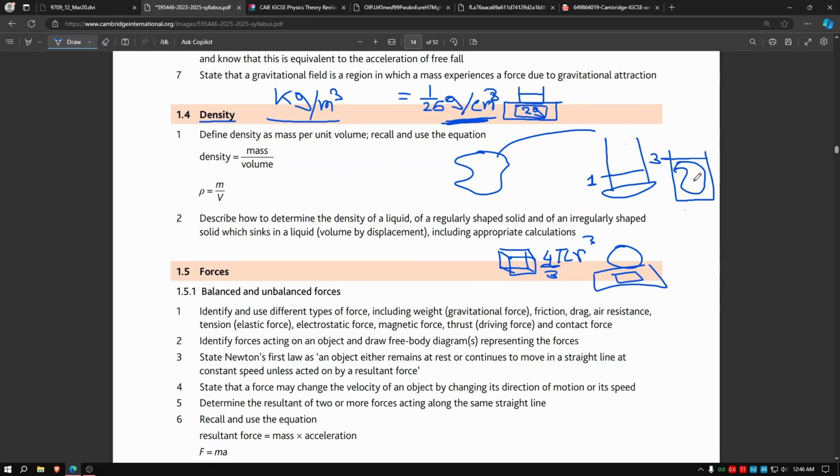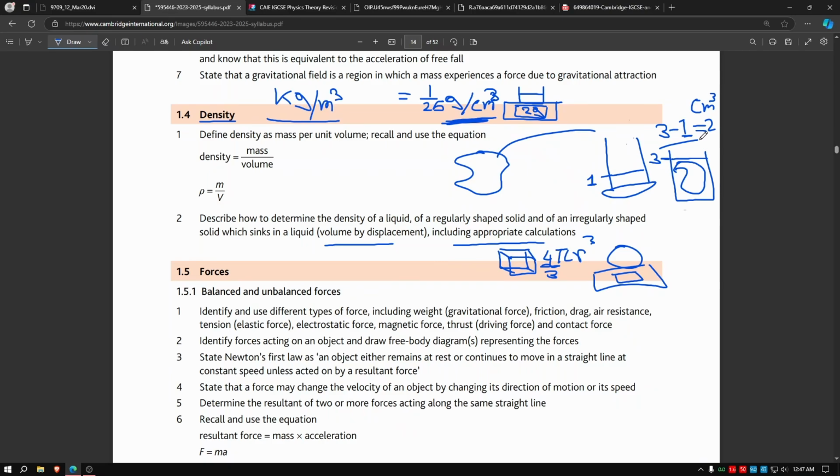And now you might see how we find out the volume. We take the volume before and subtract it from the volume after. So 3 minus 1, and we get 2 cm cube. 2 cm cube is the volume of this rock. So volume by displacement, including appropriate calculations, means you subtract one volume from the other.